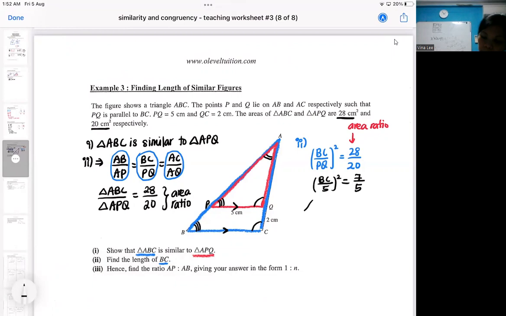So if you take a look, it's reducible. You have 2 ways of doing it from here. Maybe you want to square the top and the bottom, then cross multiply. So you square the top and bottom, then you cross multiply. So that's how you can find BC.